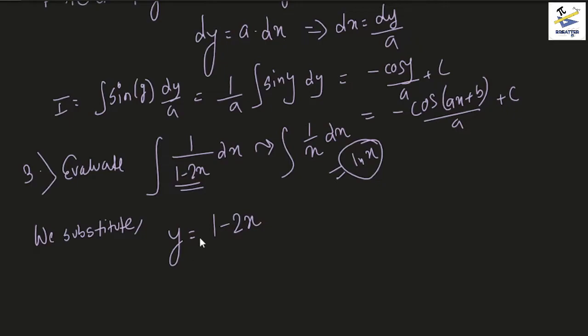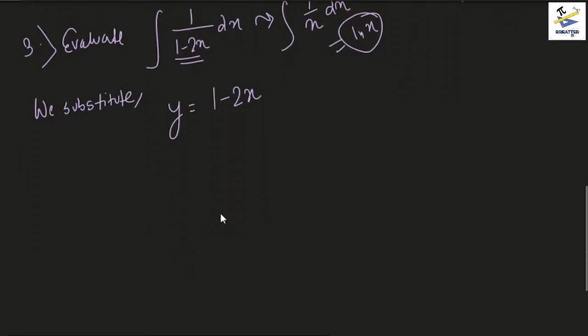Now y equals to 1 minus 2x would give us a pretty easy way to evaluate this integral, because when you differentiate both sides, what you get is dy equals to minus 2 dx, right? And this would give you dx equals to minus dy by 2.